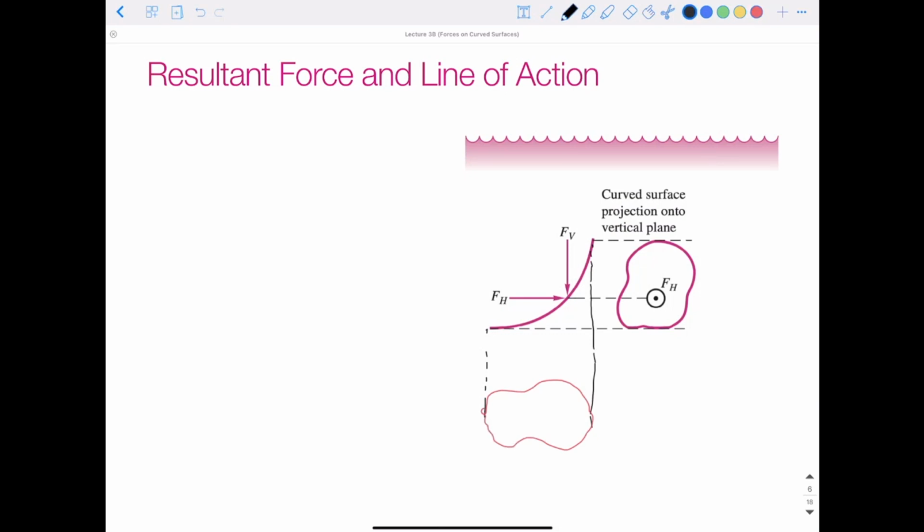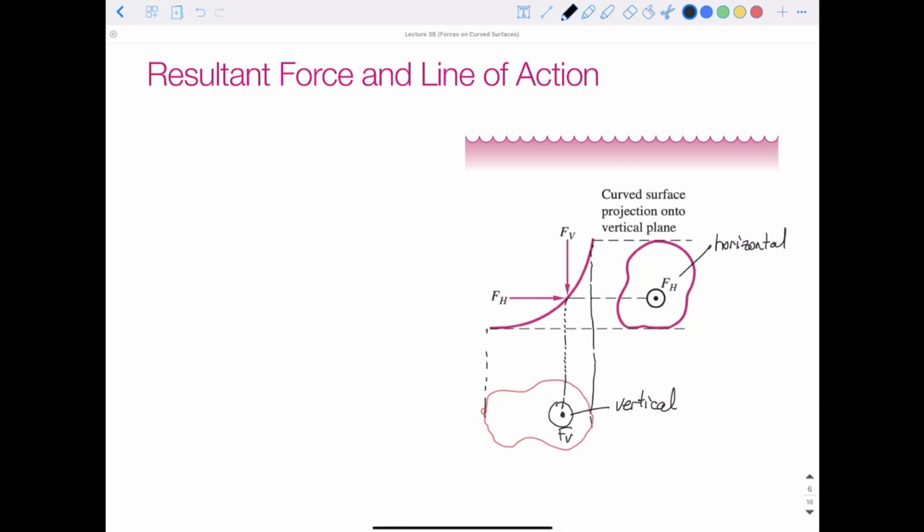And at the same point as the center of pressure, maybe it's over here. So this would be our center of pressure for the vertical component of force. And over here on the right would be the center of pressure of the horizontal component of force. Horizontal and vertical.